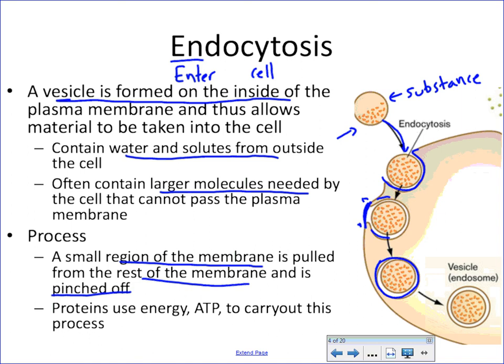So this substance is now inside the cell. This will form a vesicle which is known as an endosome, but for us we'll just refer to it as a vesicle. This vesicle can now go off to be combined with a lysosome to try and break down those large molecules into smaller molecules within it.